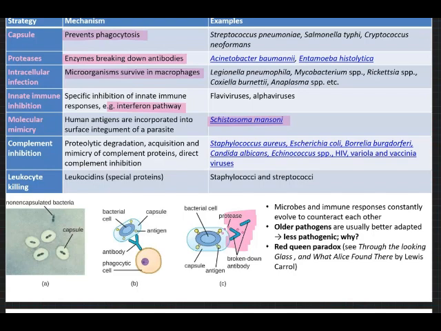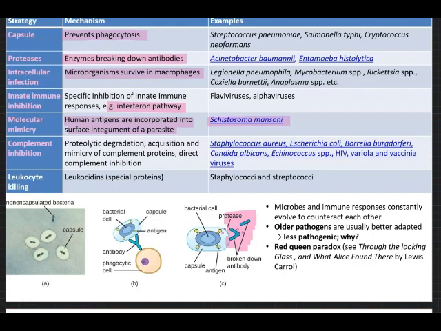And it physically covers its surface with human proteins. So the immune system sees it and says, yeah, it's fine. Those are human proteins, okay? That's pretty cool. Pretty ingenious, huh? So that's molecular mimicry.